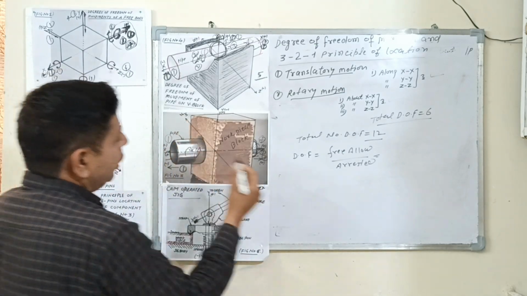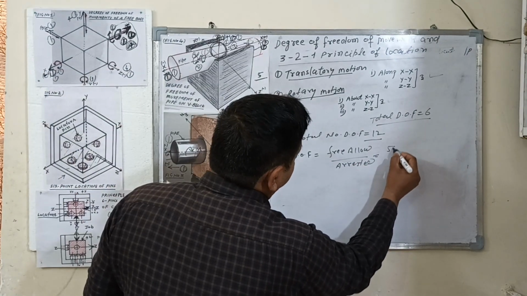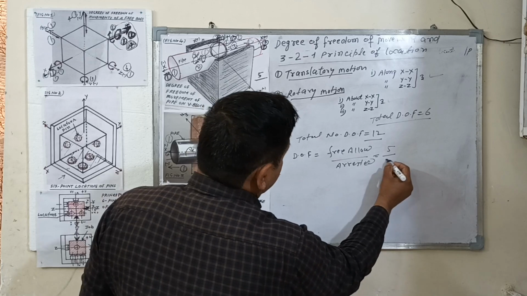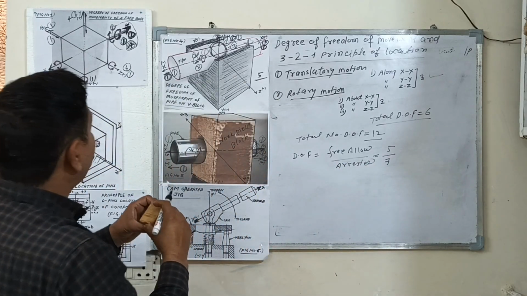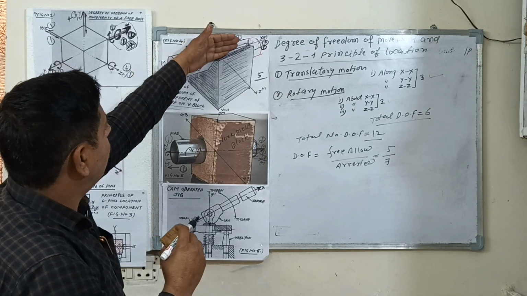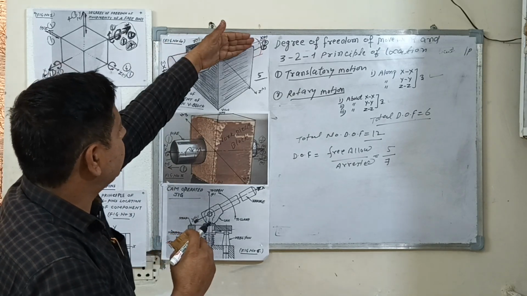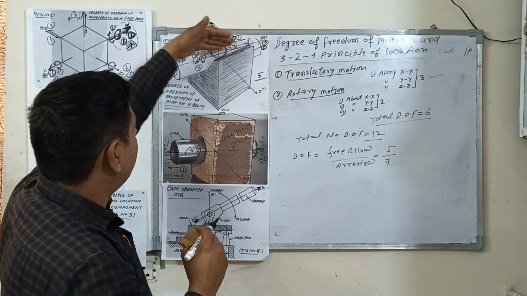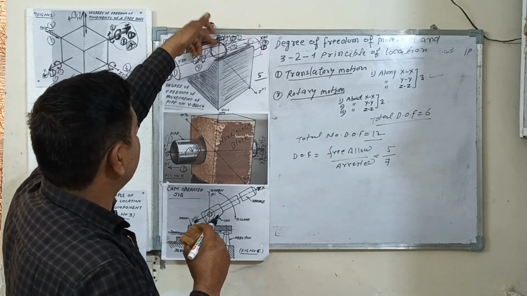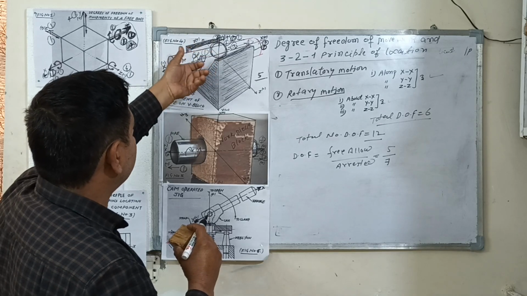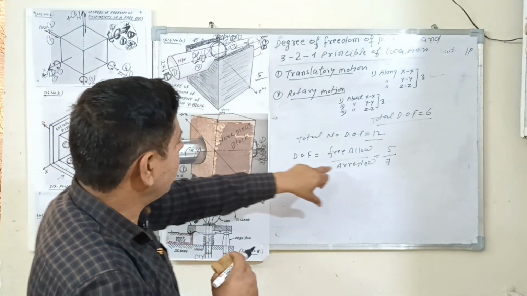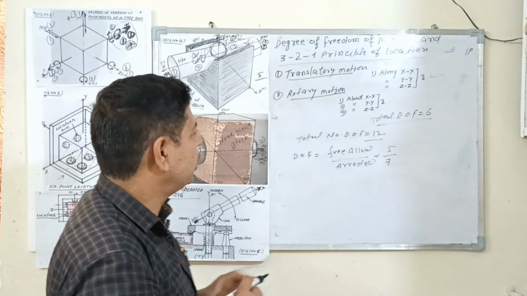The free allow is here 5 divided by the arrested 7. This is the degree of freedom when the pipe moves on the V block along the x-axis and along the y-axis, and rotates in anticlockwise direction or clockwise direction. So the degree of freedom ratio is 5/7.